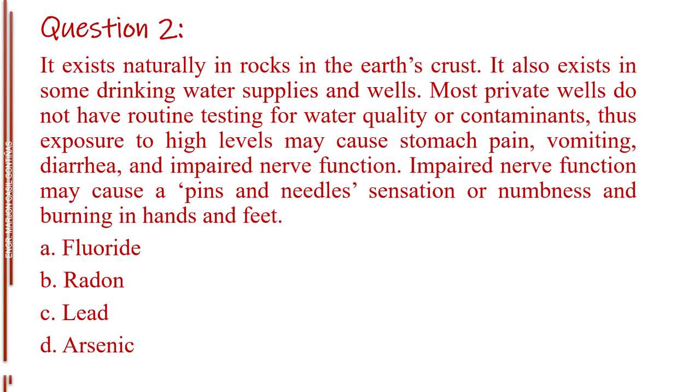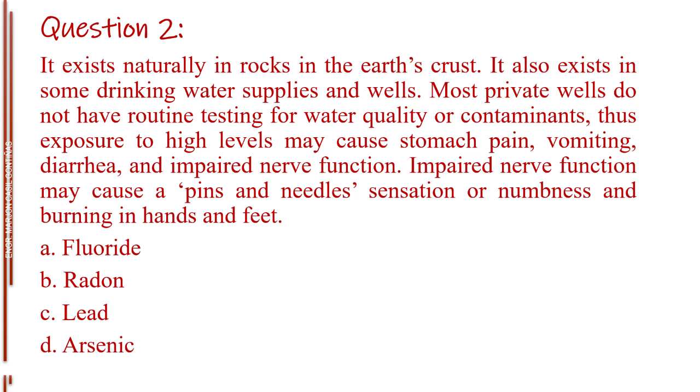Question number 2. It exists naturally in rocks in the Earth's crust. It also exists in some drinking water supplies and wells. Most private wells do not have routine testing for water quality or contaminants, thus exposure to high levels may cause stomach pain, vomiting, diarrhea, and impaired nerve function.